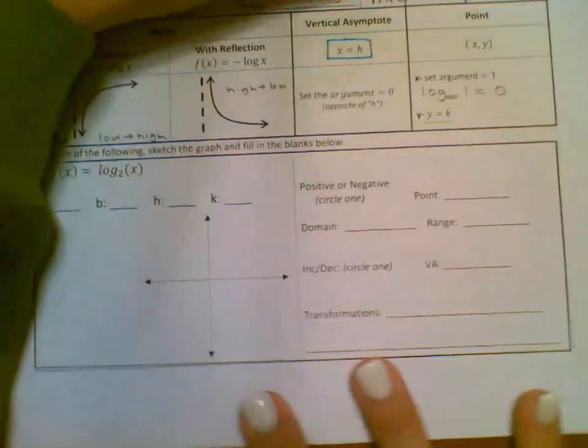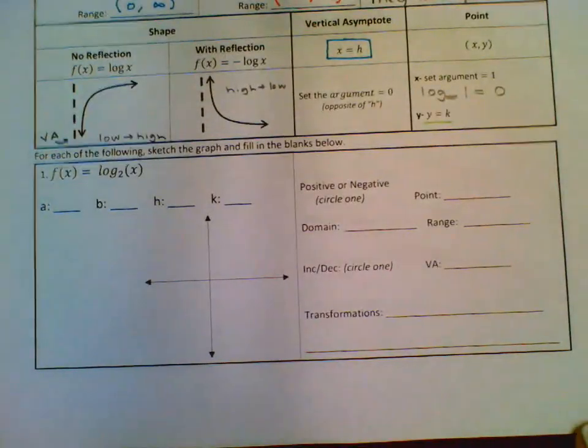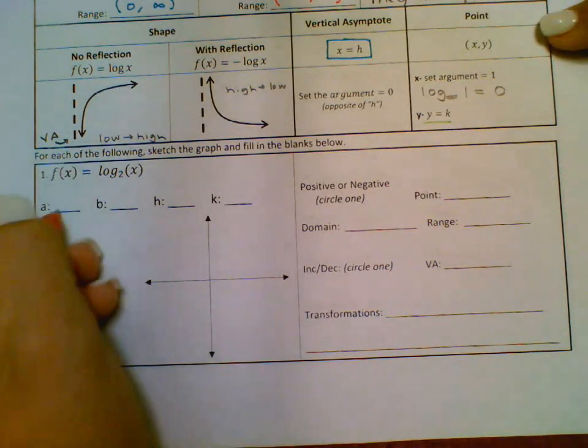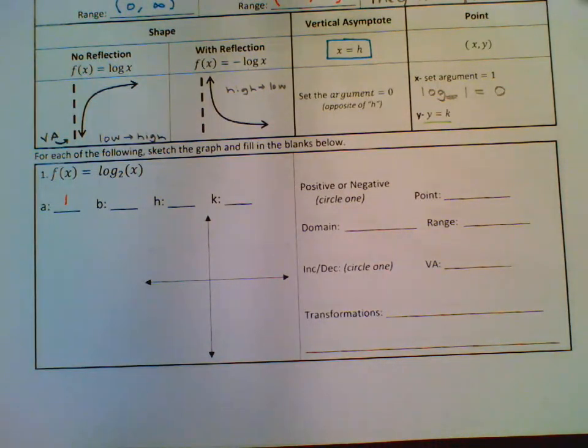I know this is kind of a lot to get into, but I don't think it's as hard as it seems when you actually start practicing the problems. So let's look at number 1. On number 1, our a value is in front of the log. In this case, there is no number in front of the log that we can see, so it is assumed to be a 1.